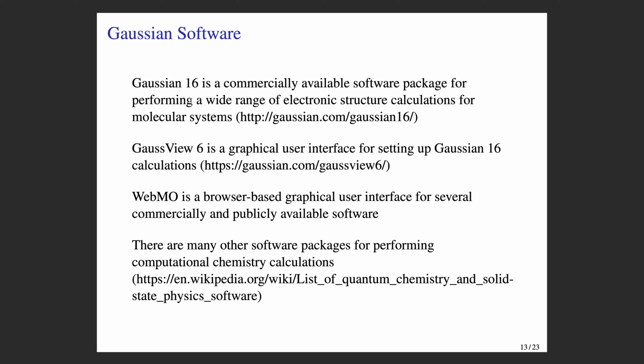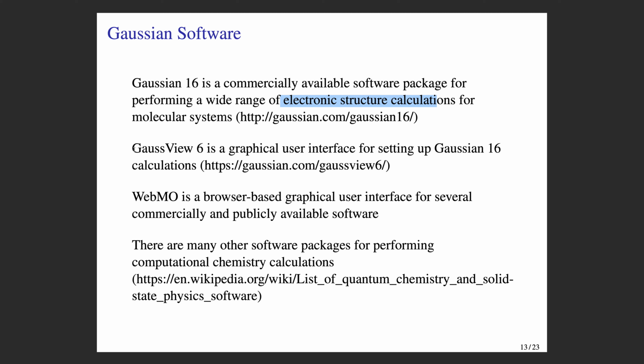It's able to perform a variety of electronic structure calculations for us. Here I've given you the website for that product. We have it available in the department, so you'll be able to use the software.